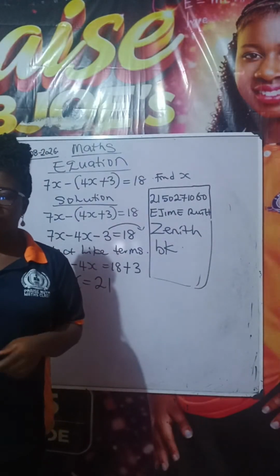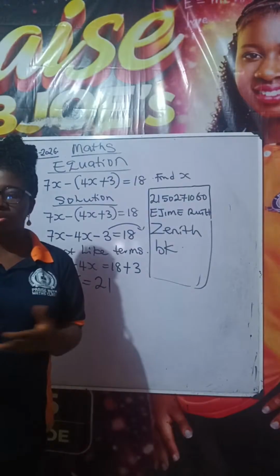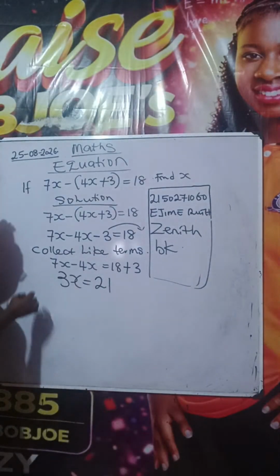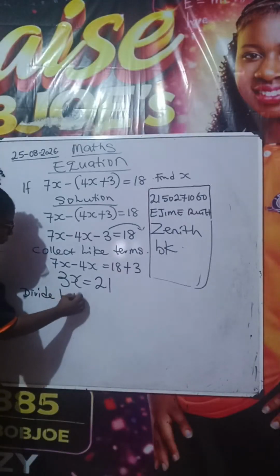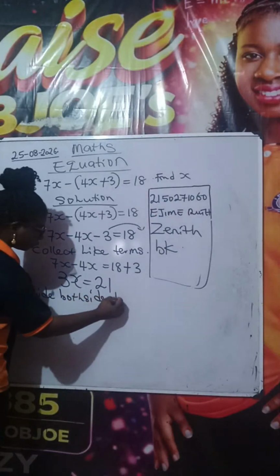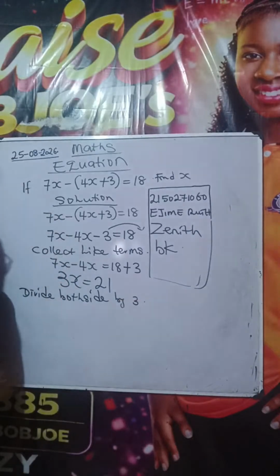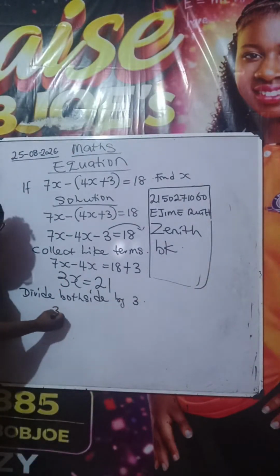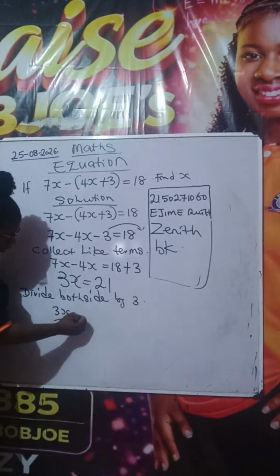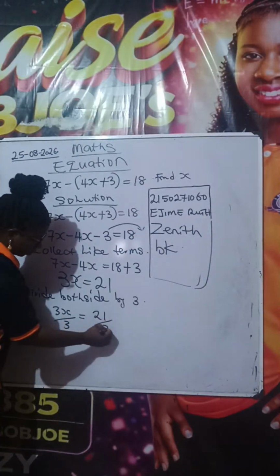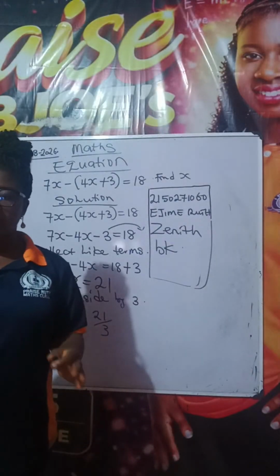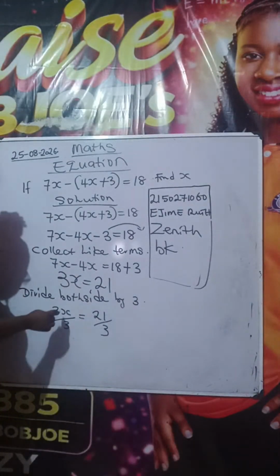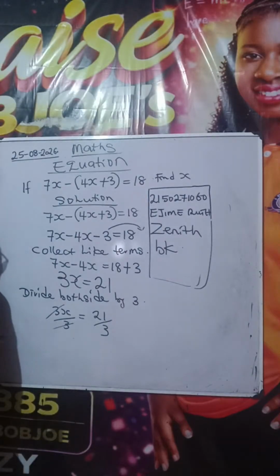What do we do? So now all we need to do is divide both sides by 3. Okay? So we have 3x over 3 equals to 21 over 3. Did you understand it? Now look at it. So this 3 is going to remove this 3 from here.